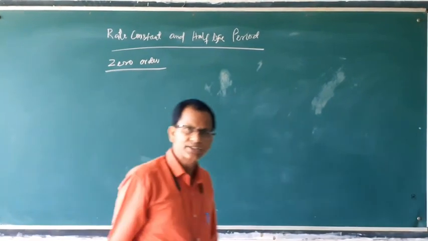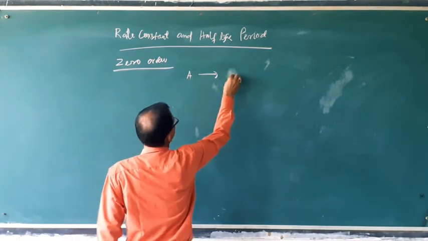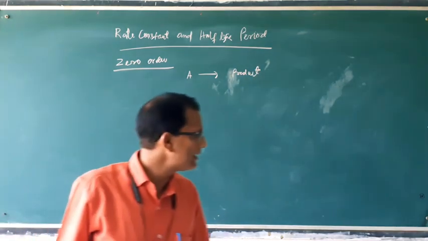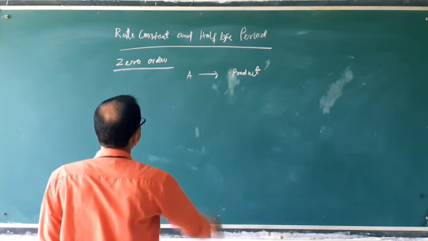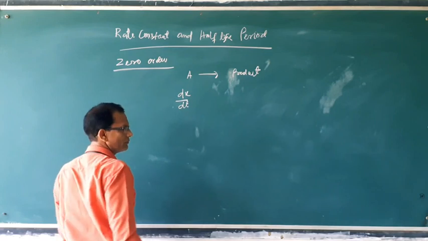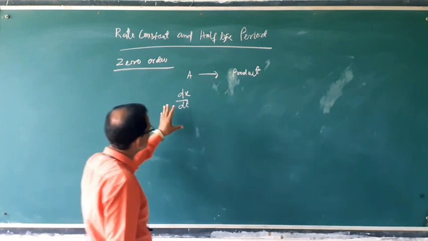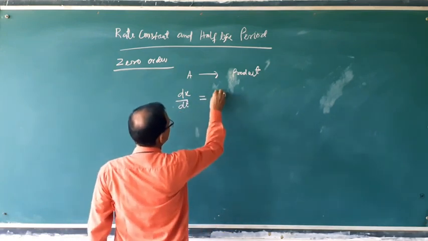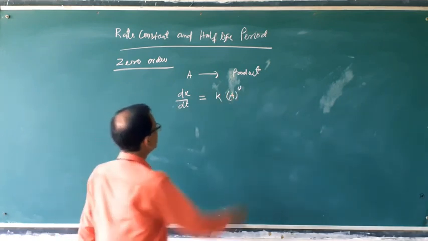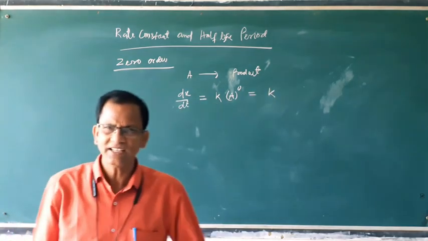For a zero order reaction, we know if a reactant changes to product, then dx by dt is equal to k a to the power 0, which is equal to k.